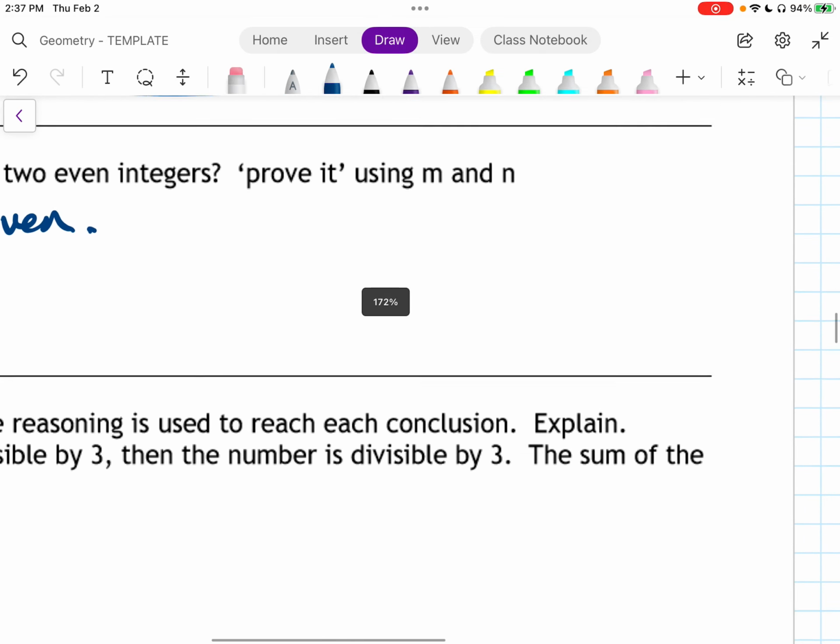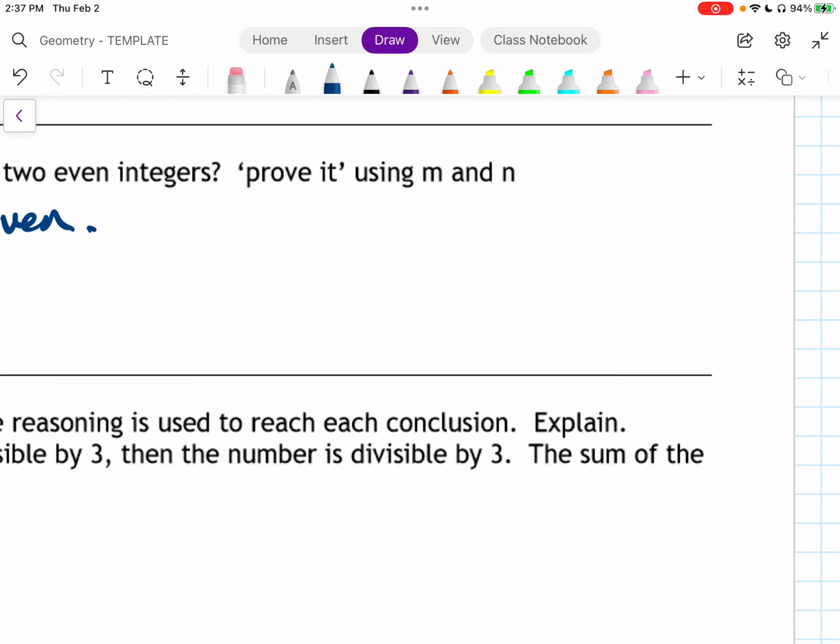So to prove it, we have two numbers. And I'm going to say we have 2m and 2n. Now, the reason that I'm writing that is that anytime you have an even number, it has a factor that's 2, right? So rather than saying that m is an even number, I'm saying m is just some number, any number at all, I don't care what number it is.